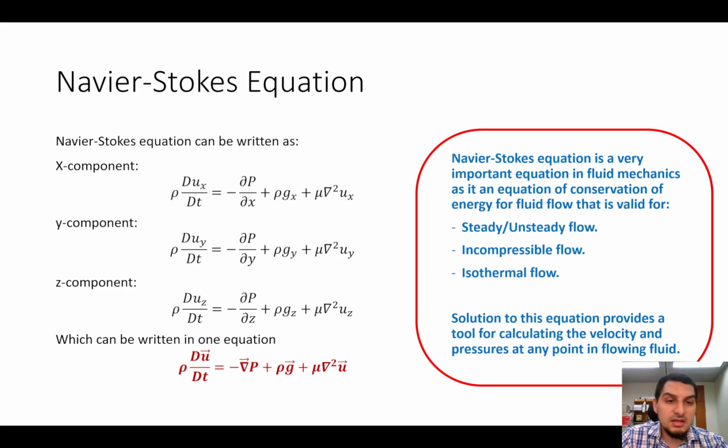Again, it's very, very important to remember that the Navier Stokes equation is only valid for Newtonian fluids. It can work for steady and unsteady flow. It has to be incompressible flow and isothermal flow. And now we have only the velocities, the pressure, the density, and the gravity as the only parameters, instead of having many more variables before.